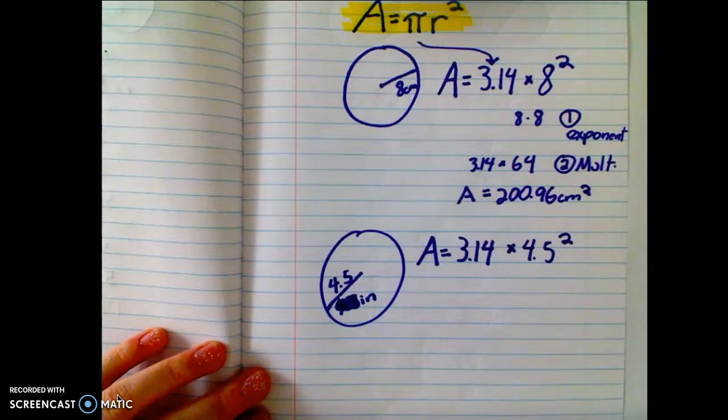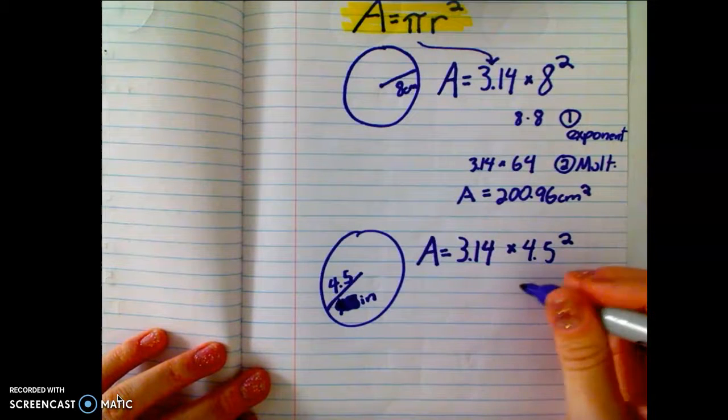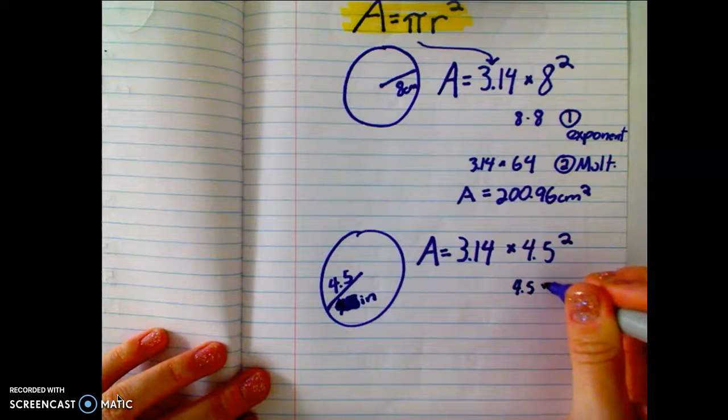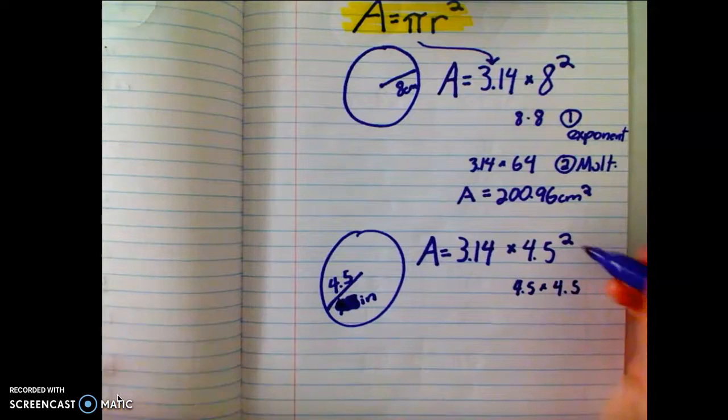We're going to follow our same steps as last time. First, we need to take care of this exponent. We need to take care of squared. So we need 4.5 multiplied 2 times because of that squared right there.